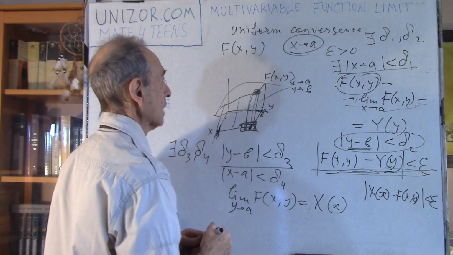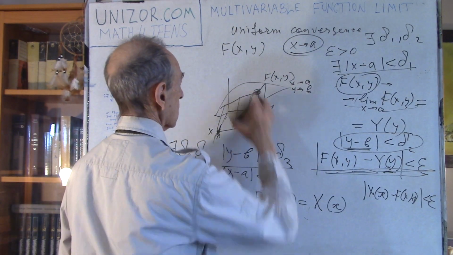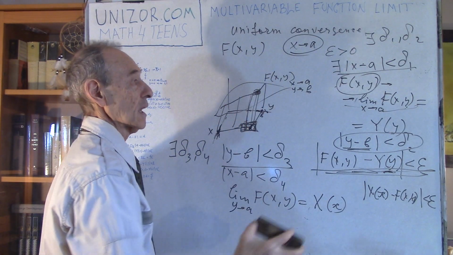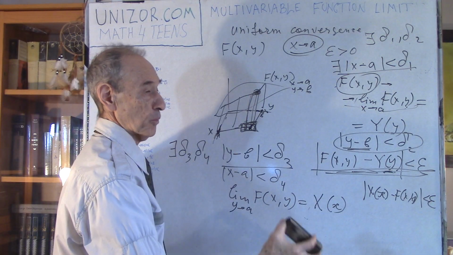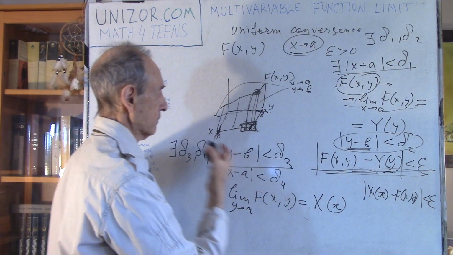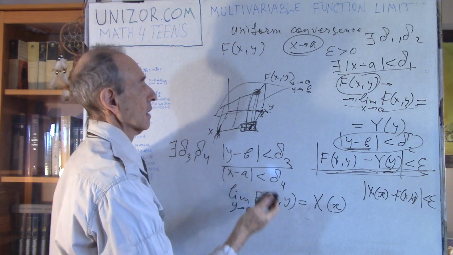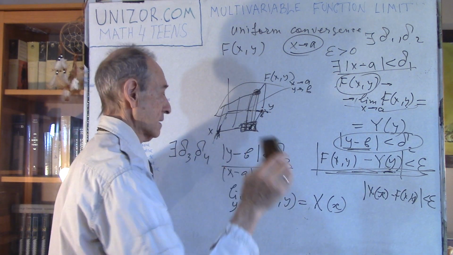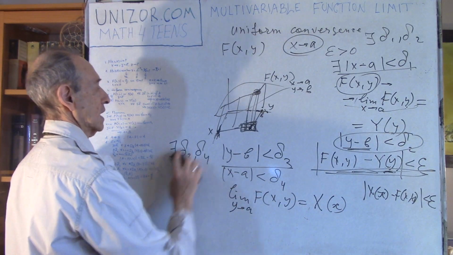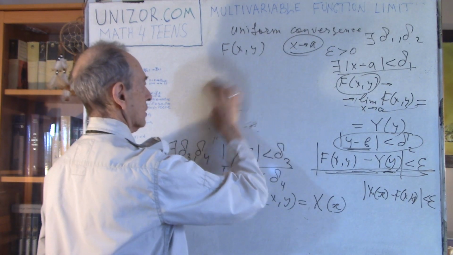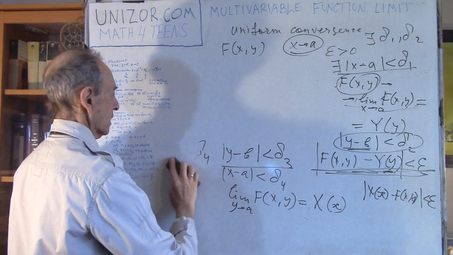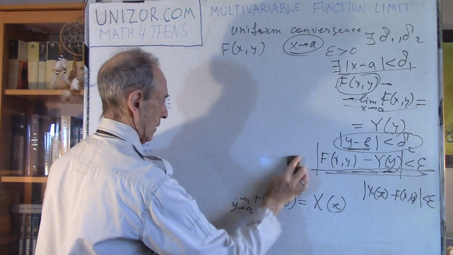So as long as f of x y is uniformly converging by x if y goes to b, and by y if x goes to a, and now we are talking about going to a limit, then we can have very simple logic, which I will express as a theorem.